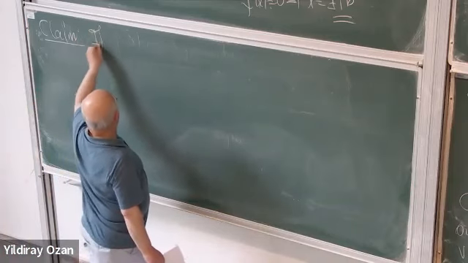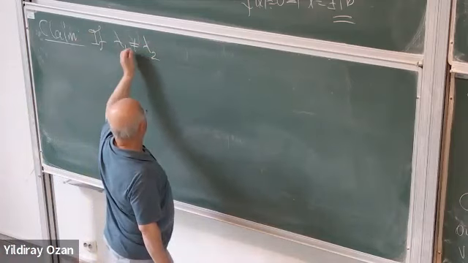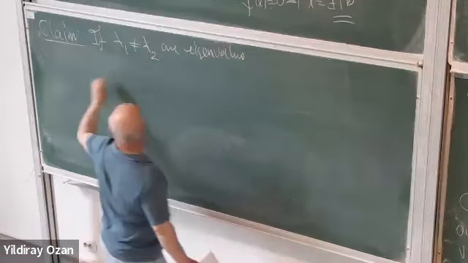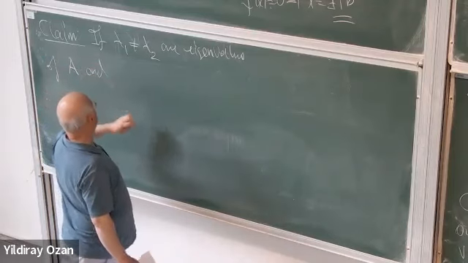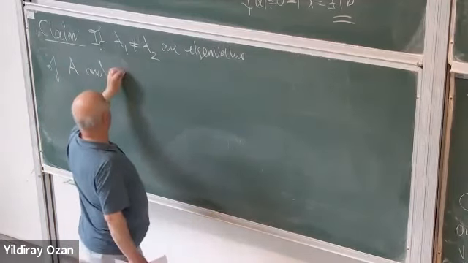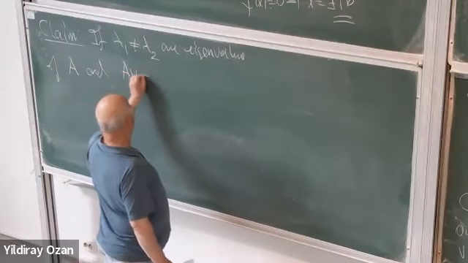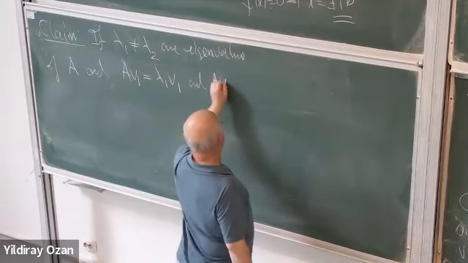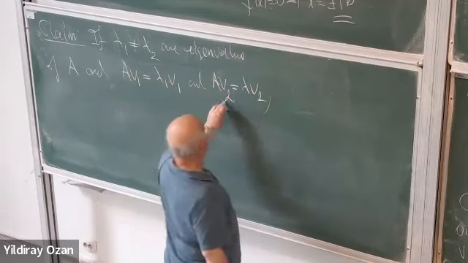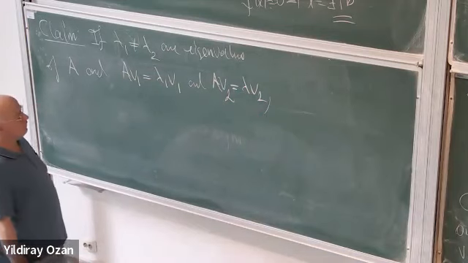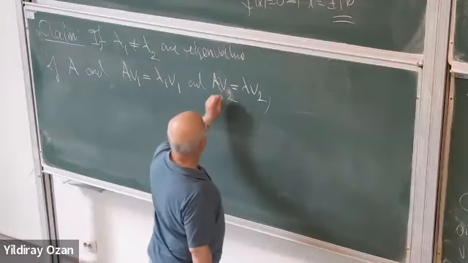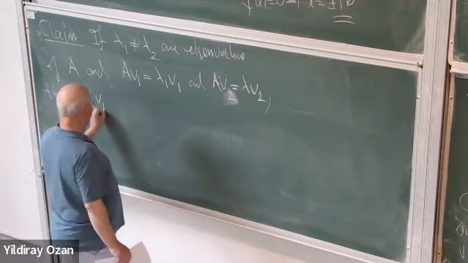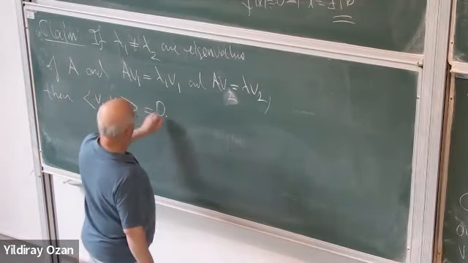So, if lambda 1, lambda 2 are eigenvalues of A, and A V1 is lambda 1 V1 and A V2 is lambda 2 V2, so V1 and V2 are eigenvectors, then V1 and V2 are orthogonal. Okay.